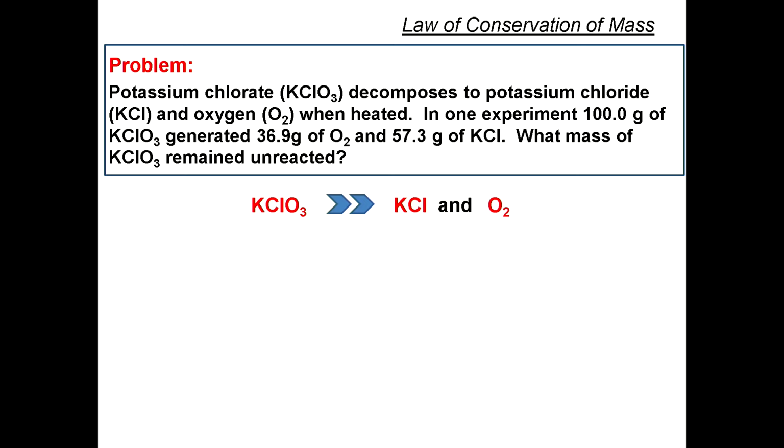In one experiment, 100 grams of potassium chlorate will give 36.9 grams of oxygen and 57.3 grams of KCl. So what mass of KClO3 remained unreacted? So how to solve this problem?